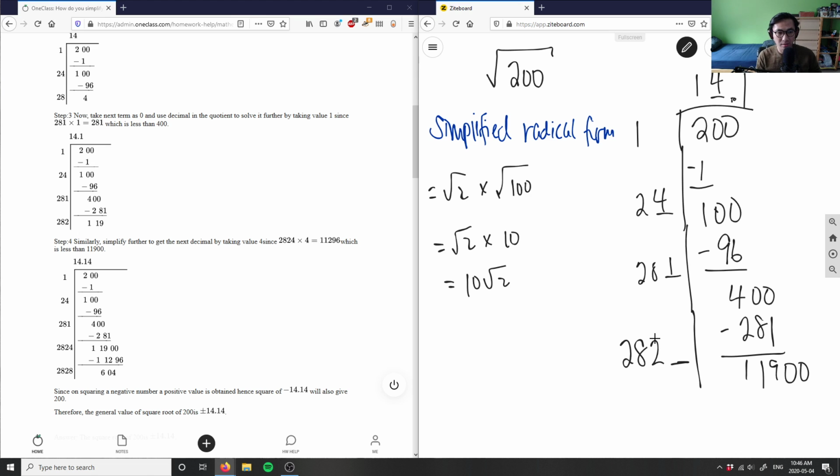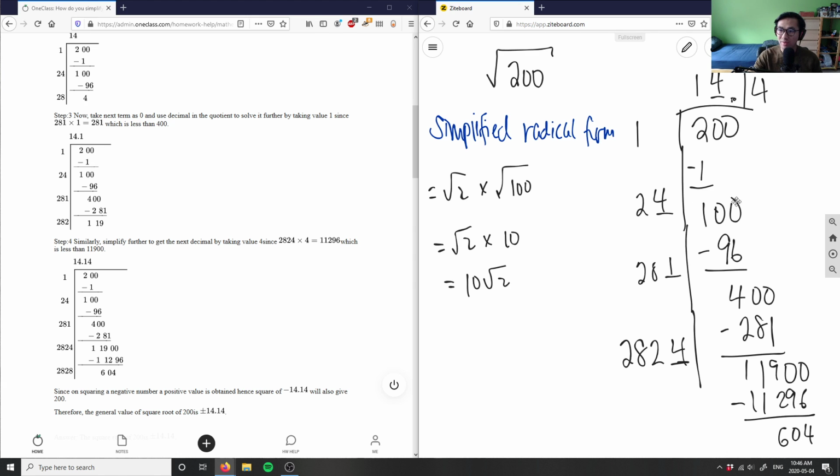In this case, I want to say it's 4, right? 282 times 4 would give me 11296. So I would have a 4 here, and a 4 here, which would be 11296. Subtract both of these numbers, I would get 604 here. And this here is my final answer, right?